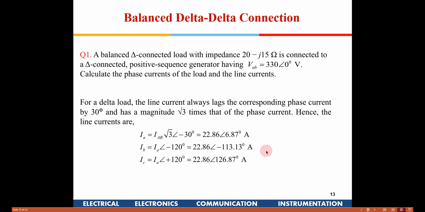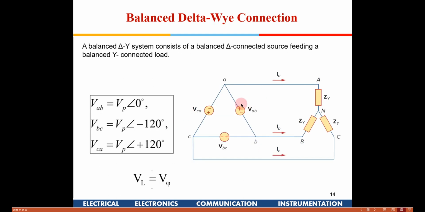Now this is one of the last combinations which is possible, where you have a delta source and a Y load. Since it is delta, the line voltage is going to be the same as the phase voltage.